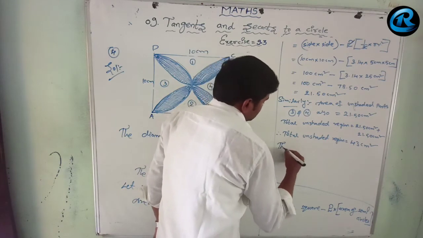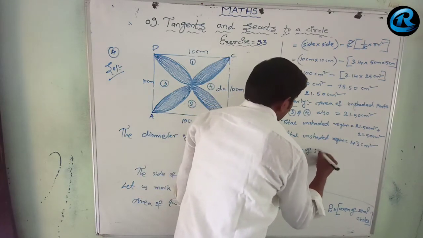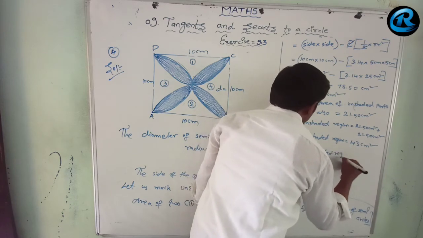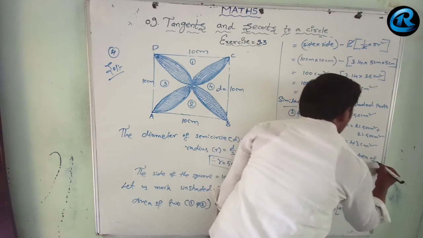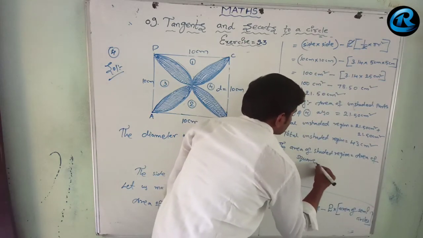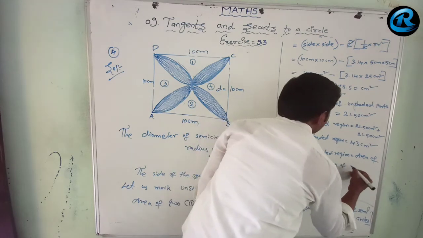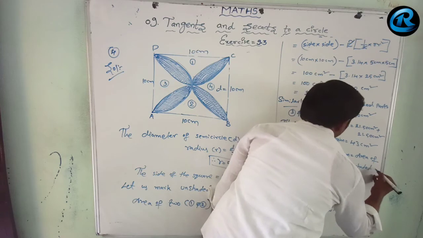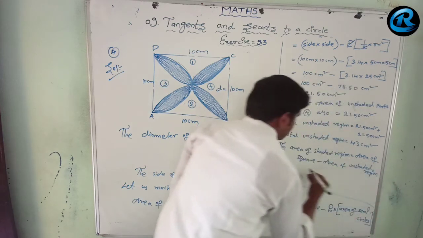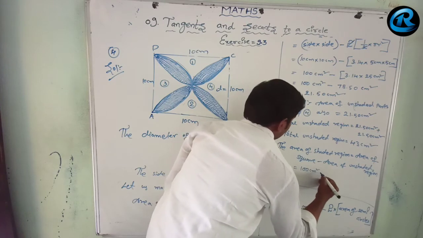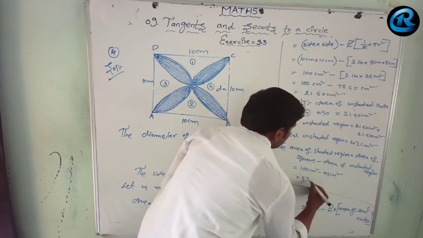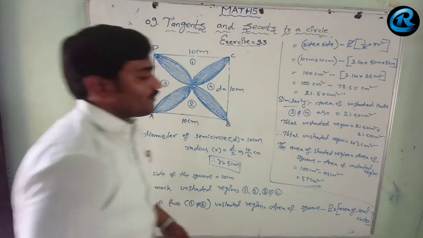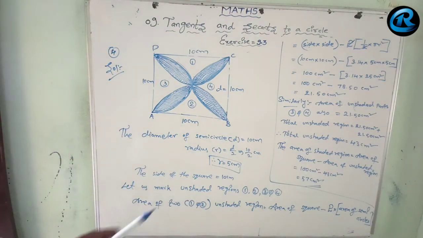Therefore, the area of shaded region is equal to area of square minus area of unshaded region. Area of square is 100 centimeter square, minus area of unshaded region, that is 43 centimeter square, that is equal to 57 centimeter square, and therefore the area of shaded region is 57 centimeter square, children.